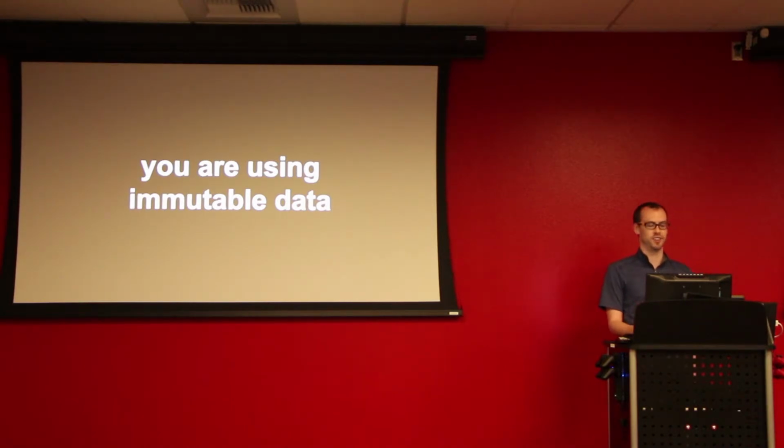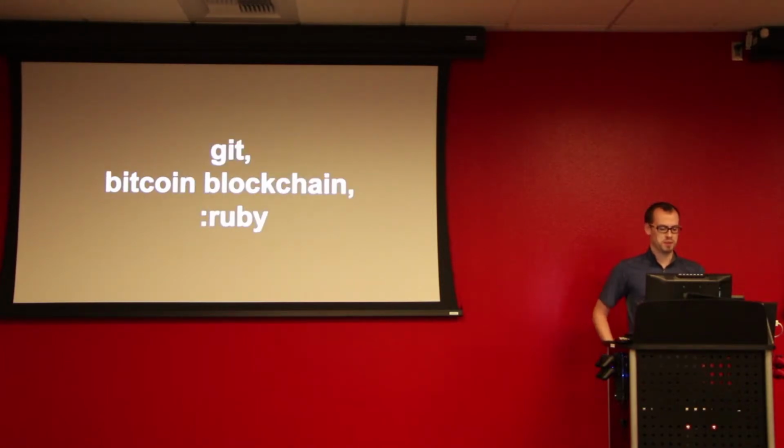You are already using a lot of immutable data, probably, if you're using some of these things I'm going to tell you about. If you're using Git, you're using an immutable data structure, the tree of commits is immutable. You append commits to it. You don't edit them in place unless you're doing something very sketchy, I would say. But if you do that, it's going to create a different one.